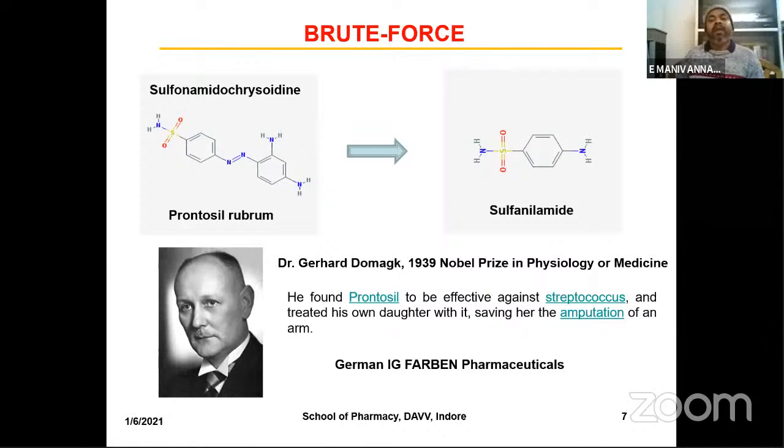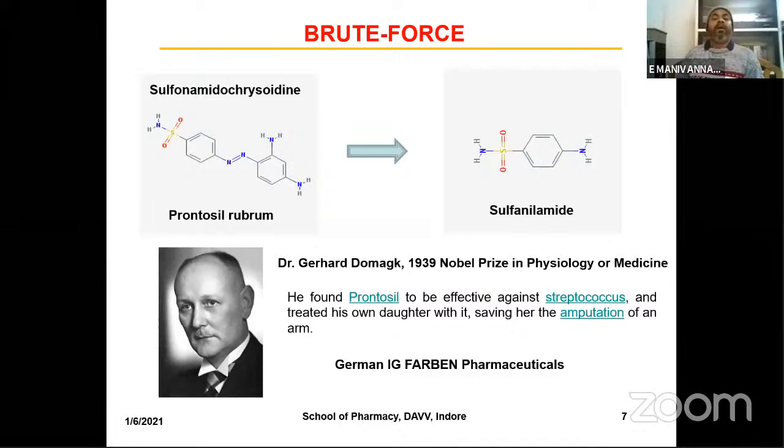Initially when the sulfanilamide drug was discovered, the company was not willing to conduct a clinical trial for this drug prontosil rubrum, but this scientist, Dr. Gerhard Domagk, treated his own daughter with this medicine and came up with an excellent result that he showed to the company.